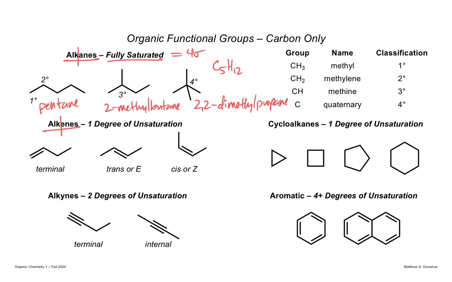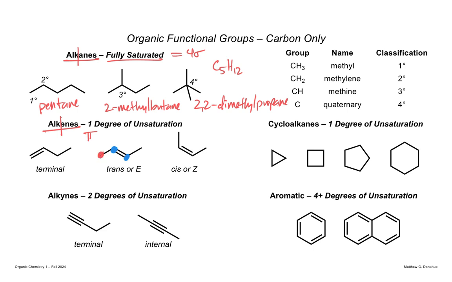Alkenes end in ENE. They have a degree of unsaturation, so that's the pi bond. We said if it's at the end, it's called terminal. If it's not at the end, it's called internal. But now we have these other descriptors, trans or E, cis or Z. So if we put some dots on the sp2 hybridized carbon, then we look at the substituents.